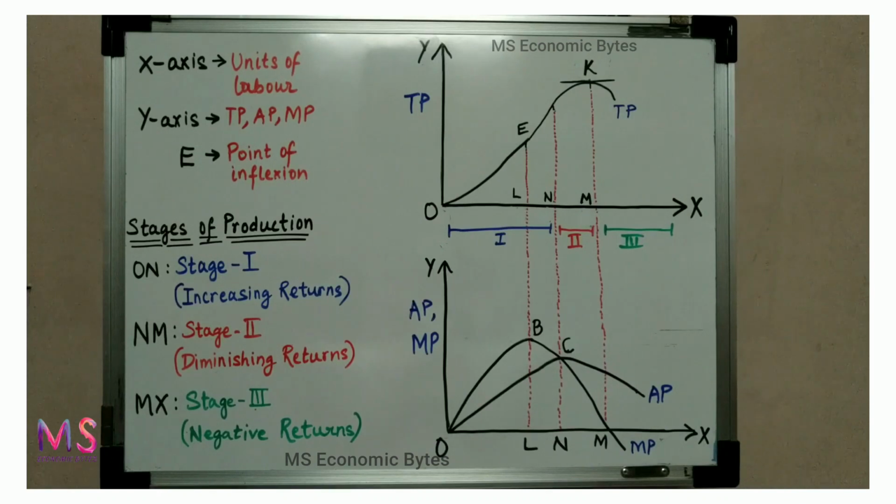By the end of the second stage and the beginning of the third stage, the amount of variable factor, the labor used, is so high that it no longer contributes to the productivity of the output, which is why total product declines, marginal product becomes negative, and average product also starts falling.